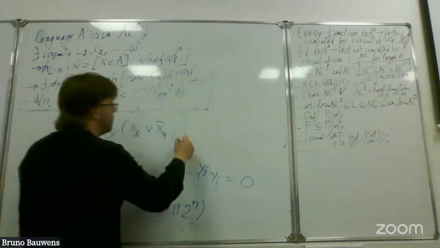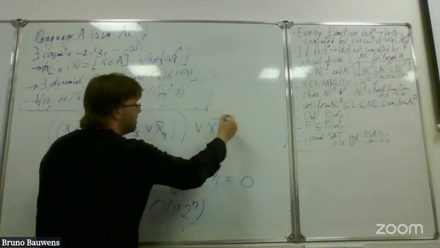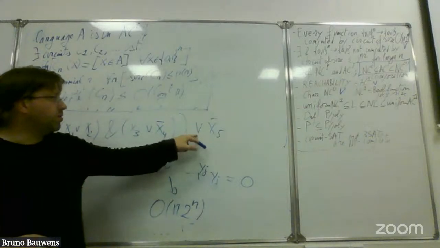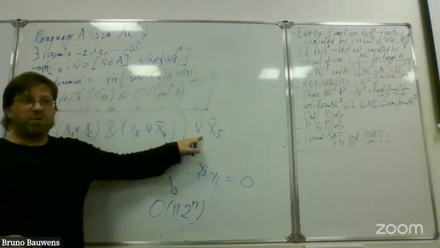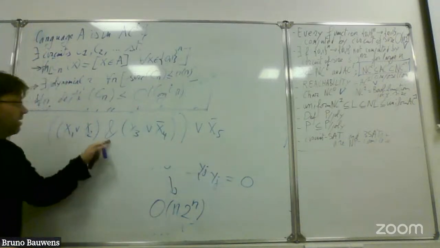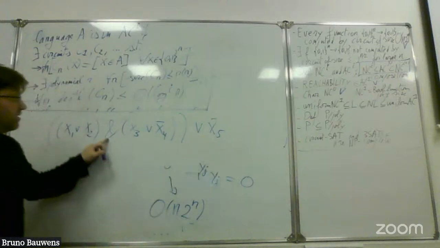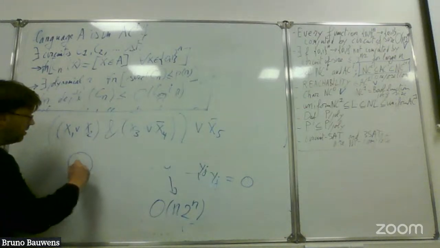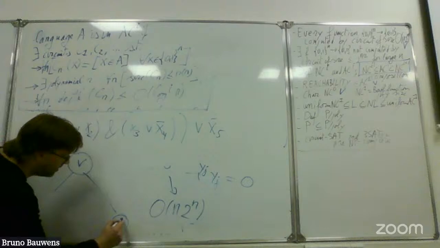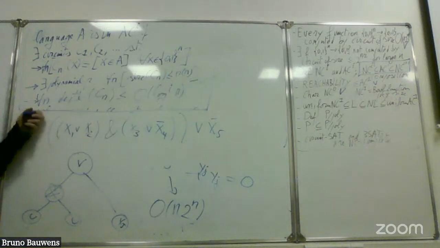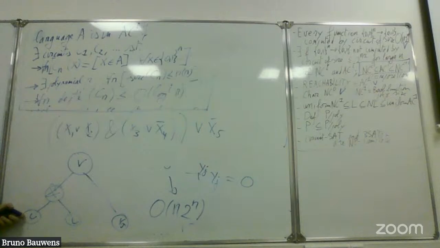And then we can have something else or not x5. So this is a Boolean formula. Then we look at the lowest priority operation and write it as the top gate. There are two children, x5 and another gate. The next priority will be an OR of input x5, and here we will have an AND of two things, and there will be two ORs, and so on. So given a Boolean formula, we can directly write down the circuit.